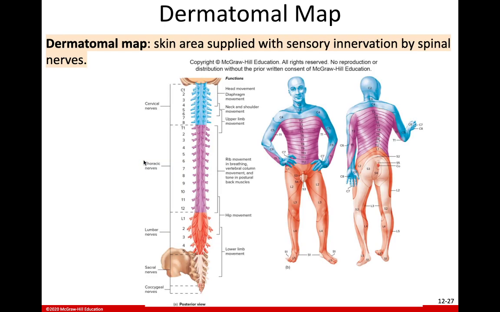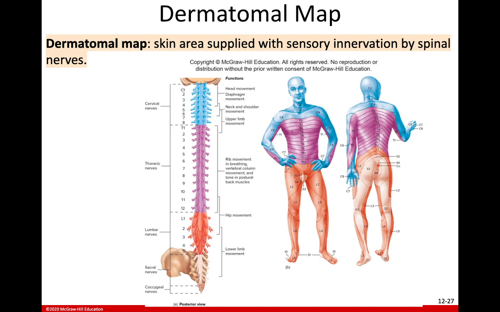Okay, we also have what we call a dermatomal map. This dermatomal map shows us the innervation of the skin, the cutaneous innervation. Not only are these spinal nerves branching out and innervating our skeletal muscles and causing them to contract, but they are also innervating our skin and other tissues.